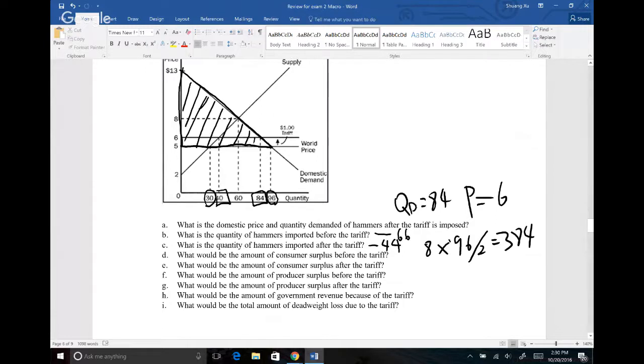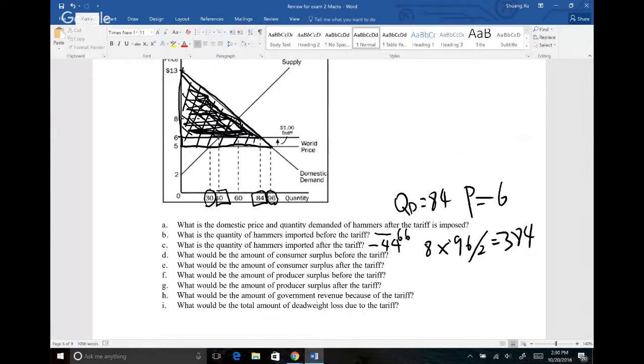All right, and then next, the consumer surplus after the tariff. Now, consumer surplus after the tariff wouldn't be the big triangle anymore. It will be at the price line, and then everything above the price line. So this triangle, everything above the $6, that is your new consumer surplus.